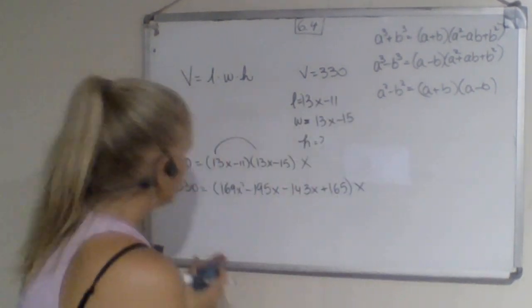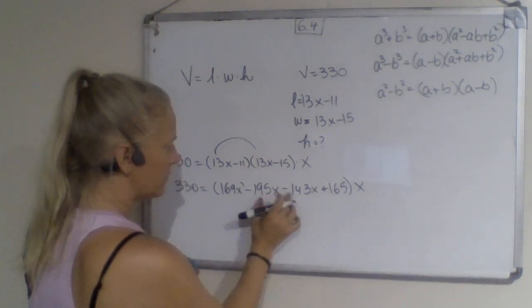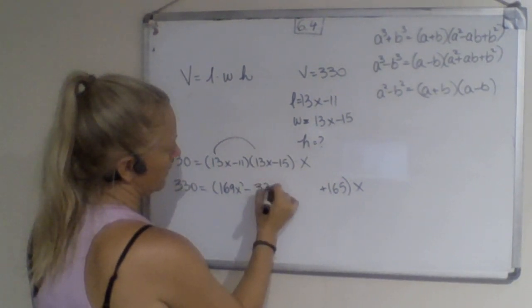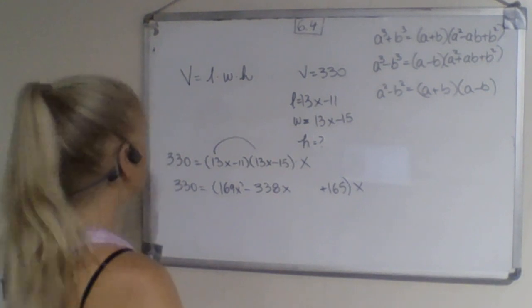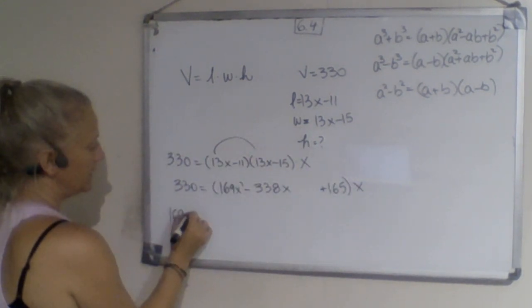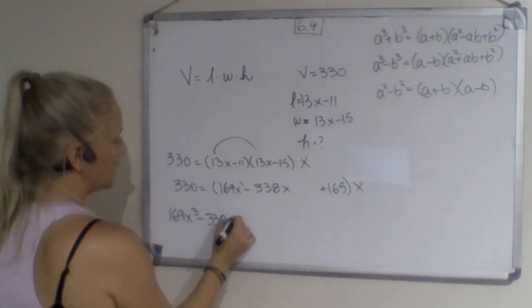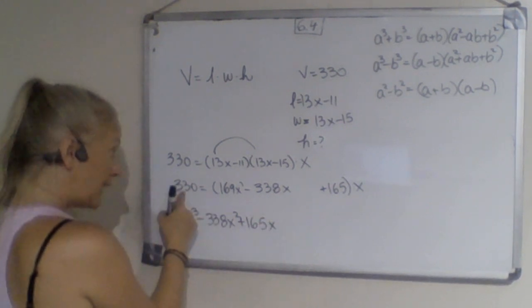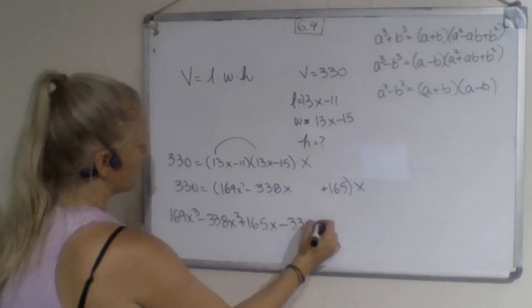When I get all of these together, this becomes negative 338x plus 165, times x. I go ahead and distribute my x. I end up with 169x to the third minus 338x to the second plus 165x, and I need to move this to the end, minus 330 equals 0.